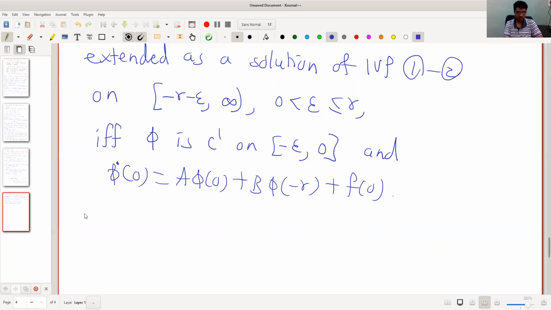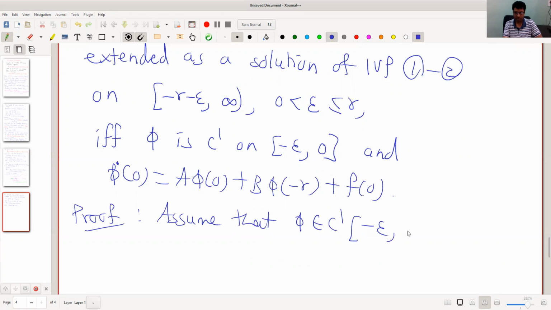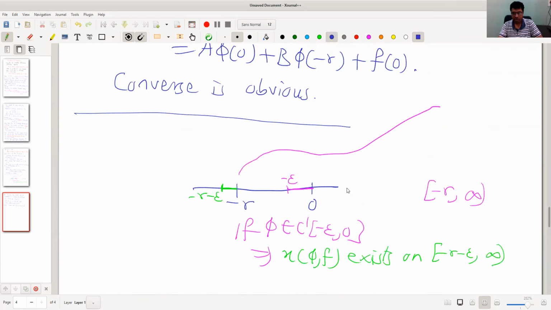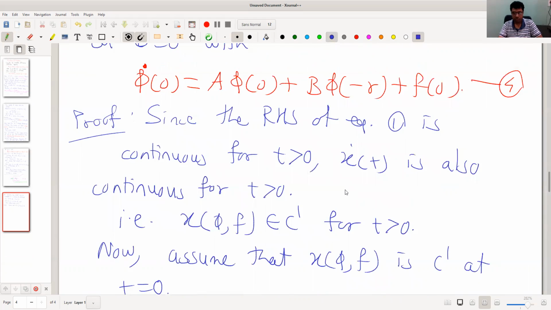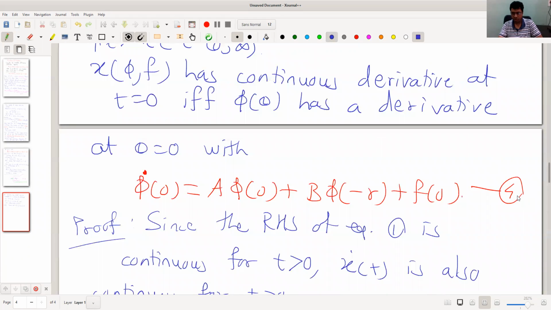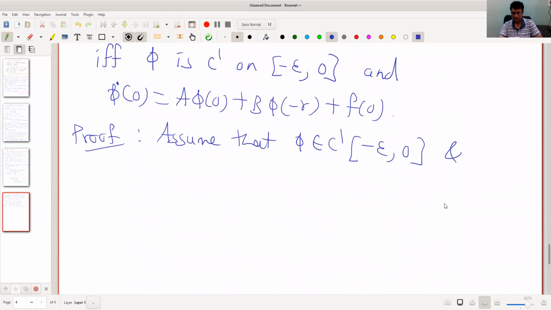Okay, let us see the proof. So we assume that phi is C1 on this interval, and this is satisfied. Okay, so it is number 4, and 4 is satisfied.